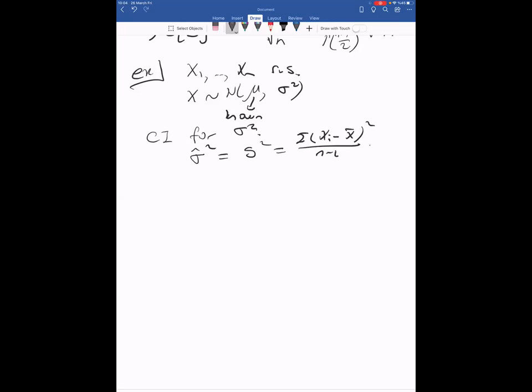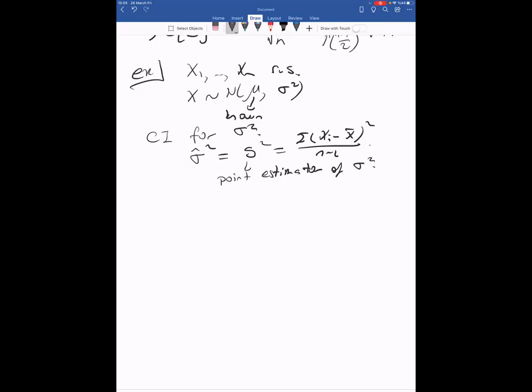This is the point estimator of sigma squared. But we want to generate a confidence interval. Right now we haven't started seeing the methods to construct confidence intervals, but I want to give you the information about the length, how we can minimize the length, how we need to choose the best confidence interval, and what the properties of that should be.